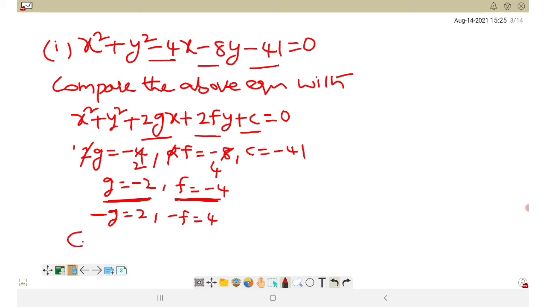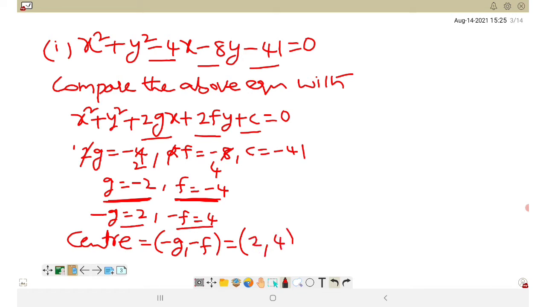So the center formula is center equal to minus g comma minus f. Minus g is equal to 2, and minus f is equal to 4. So this is the center of the circle.